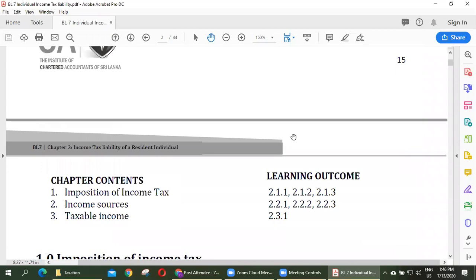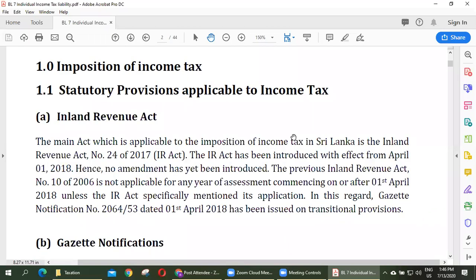Now we move to this section, imposition of income tax. Imposition means we target a person or any entity to make them pay tax, to make them a taxpayer, right? It is the first section, imposition of income tax.